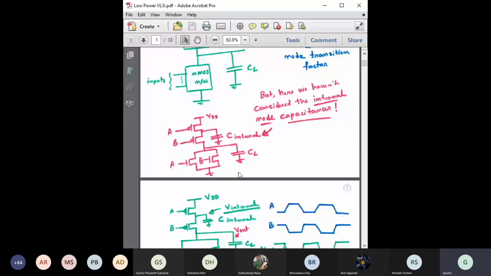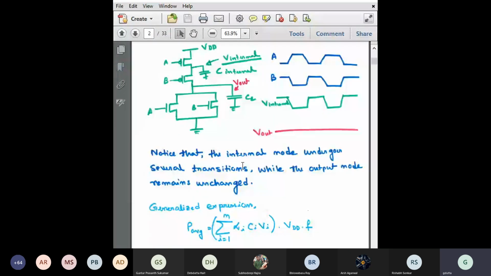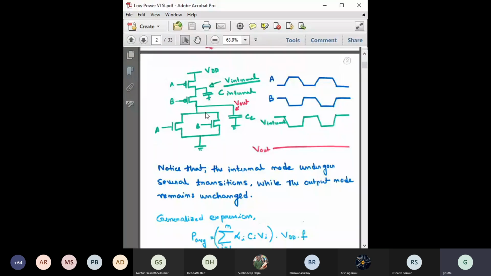For example, you can see this is the same circuit, and these are the variations in A and B, right? So suppose A is varying like this and B is varying like this. If they are varying like this, then just consider what will be the change in output or output waveform.